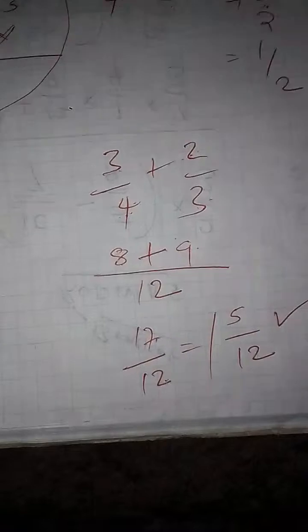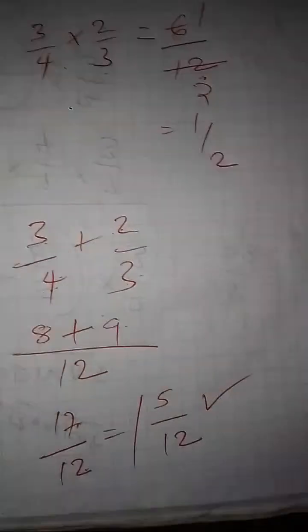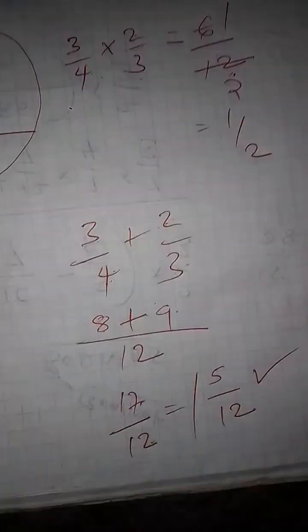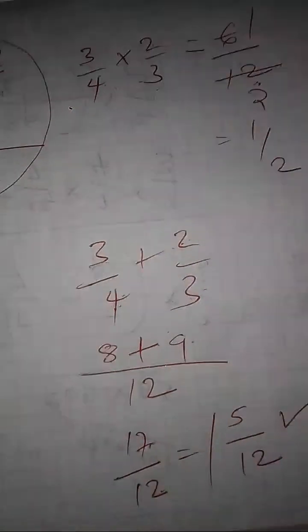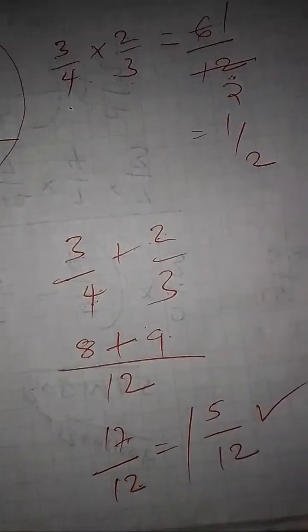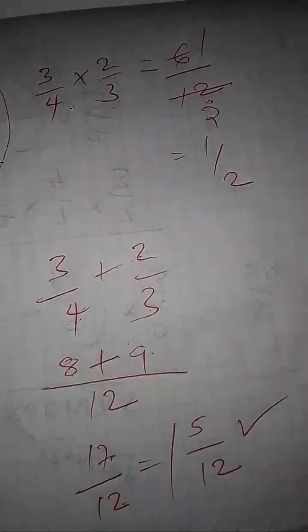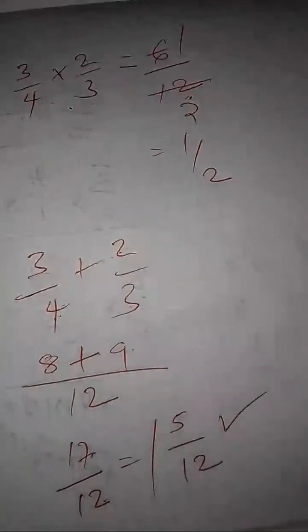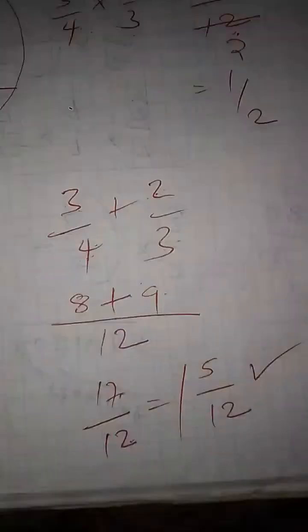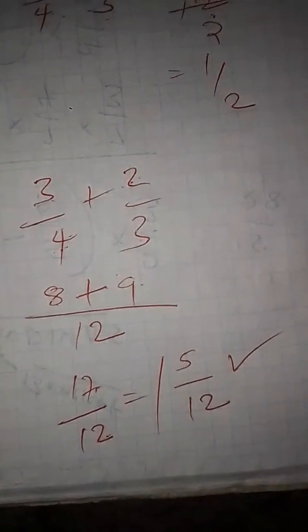So that is how you work out 3 over 4 plus 2 over 3. It's the same way when you are working out any other sum. It shall always lead to such answers, and you shall always be in a good position of scoring better marks. Better marks come with working maths each and every day without stopping.